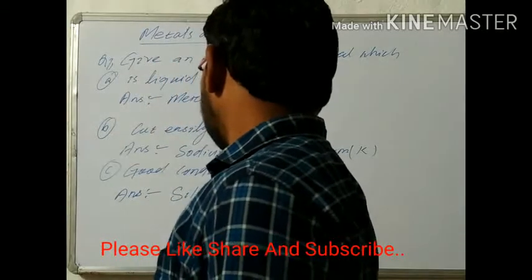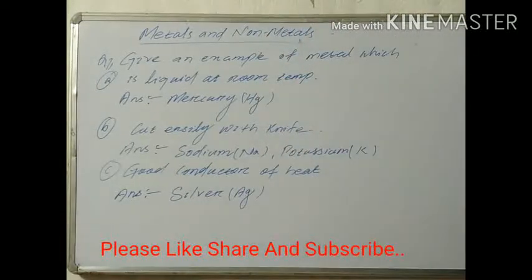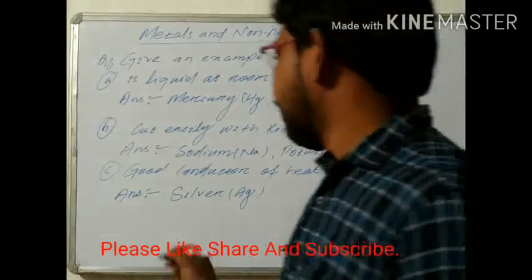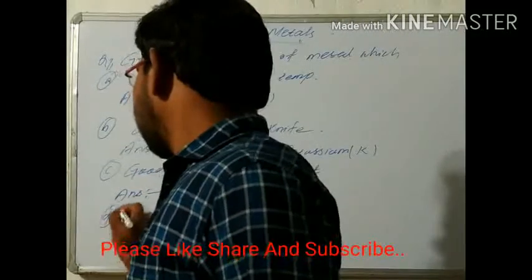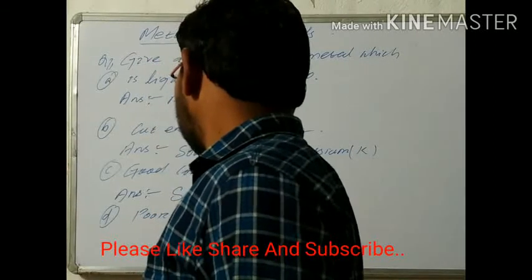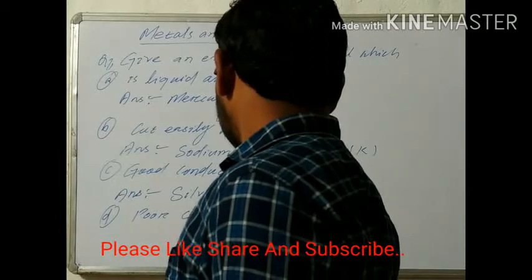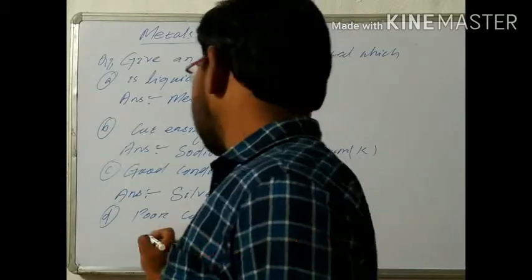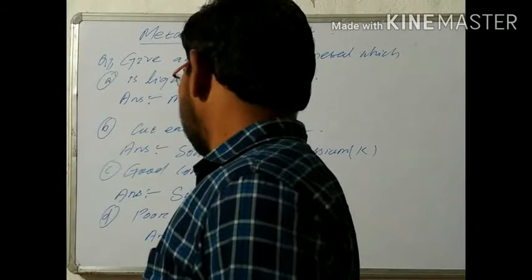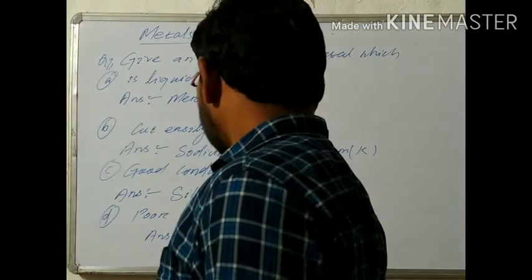Symbol Ag. Another question: a metal which is a poor conductor of heat. The answer is lead, and the symbol is Pb.